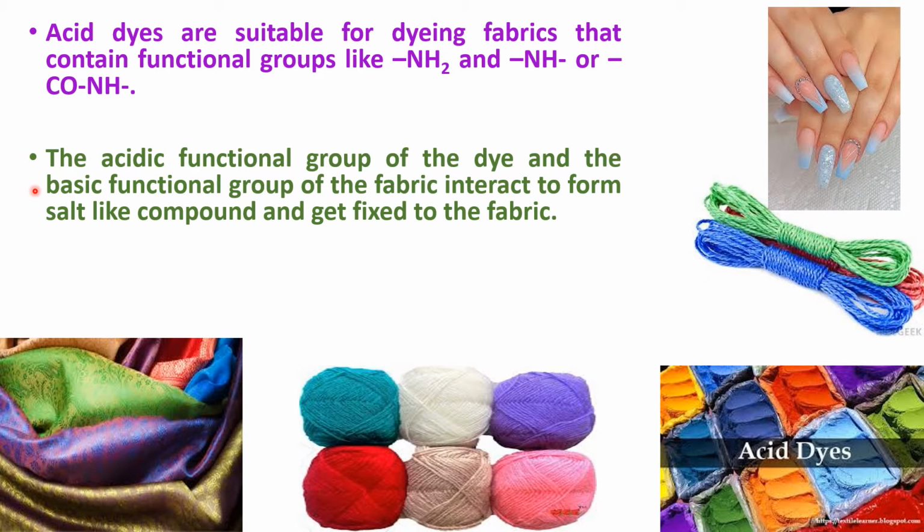The acidic functional groups of the dye, that is SO3Na or OH groups present in various acid dyes, and the basic functional groups of the fabric, that is amine, secondary amine or amide functional groups, interact to form a salt-like compound and get fixed to the fabric.